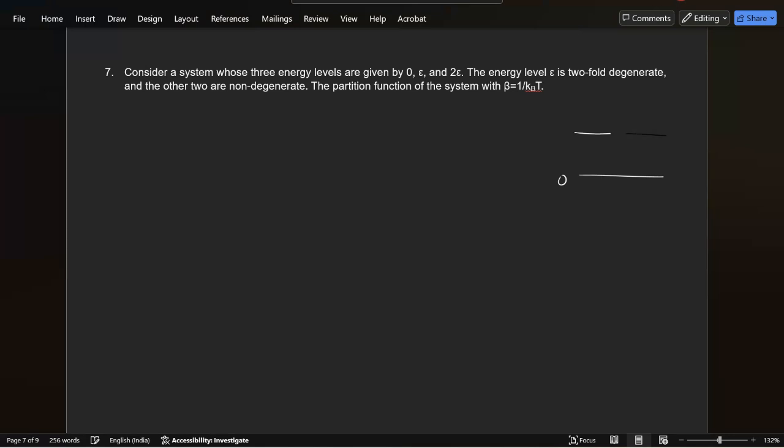So that means there are two equal degenerate states over there. And then the other one is different, it has only a single state. Now they're asking us the partition function of this system.